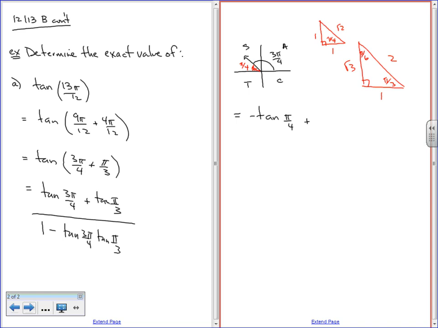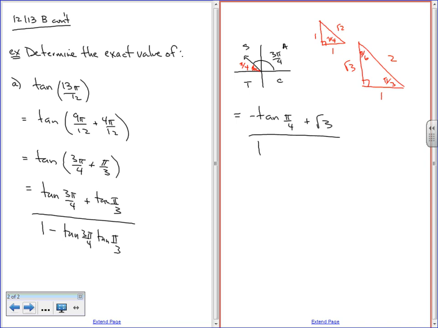So the tangent of pi over 3, the tangent by definition is the opposite side divided by the adjacent side. So root 3 divided by 1 is just root 3. With the tangent addition and subtraction, once you figure out the top ones, the bottom ones are the exact same thing, so you've already figured out those answers.